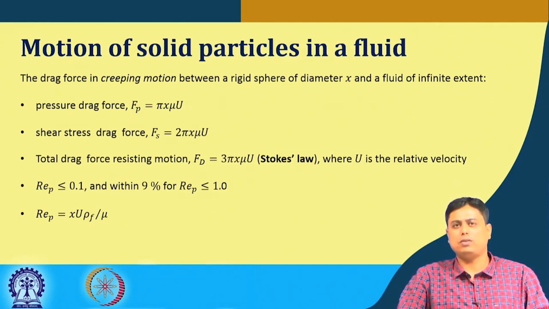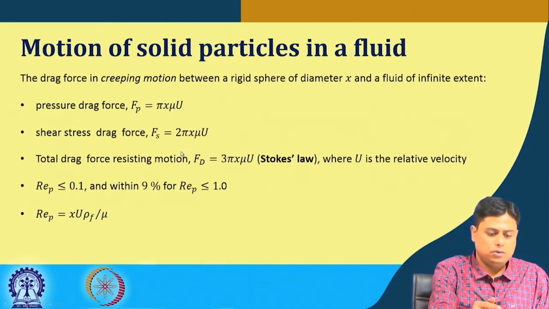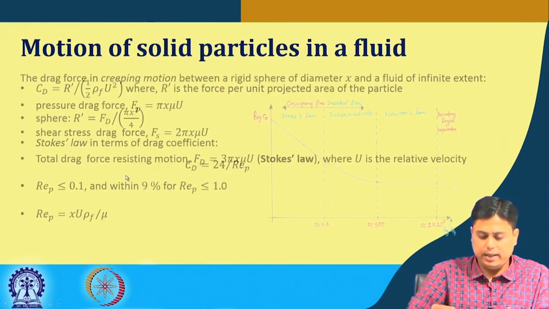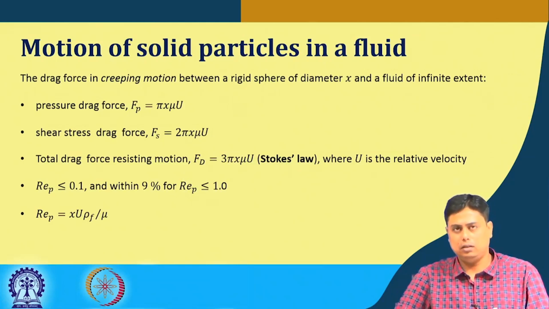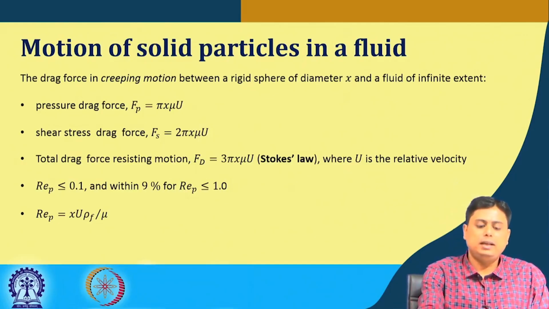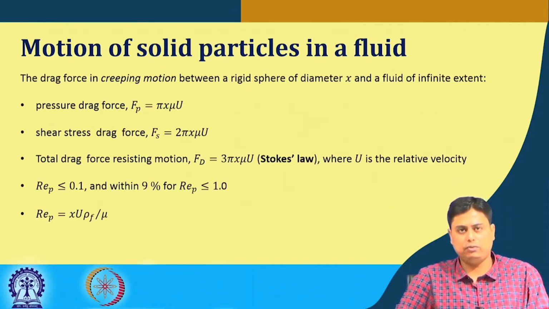The u is the velocity that is falling. The shear stress drag, this is the thing that we have seen, the 2 pi x mu u, this is the shear stress drag, and so the total drag force that resists the motion of this object while falling in a stationary liquid or stationary fluid is basically Fd, which is the shear drag force plus the pressure drag force, and is 3 pi x mu u, which is basically the Stokes law that we have seen.